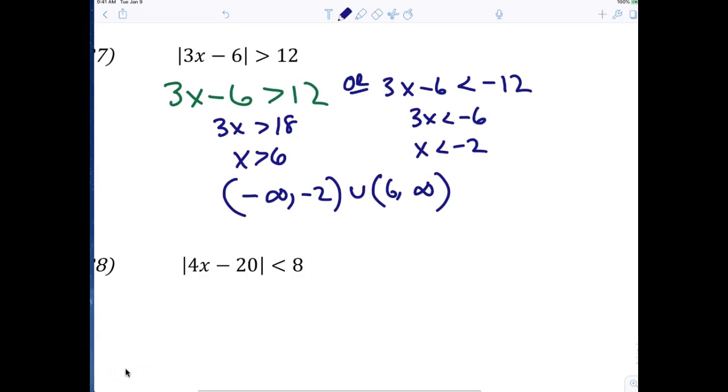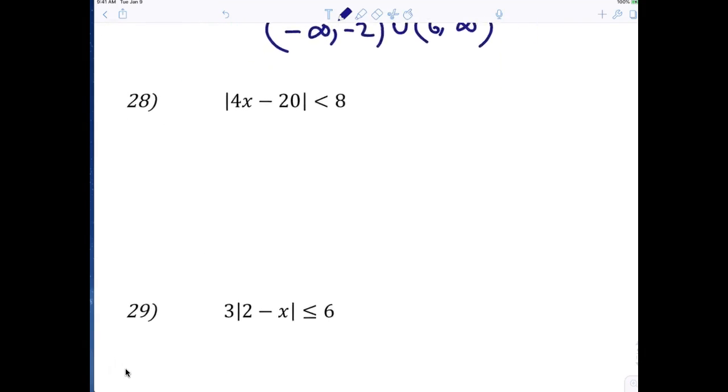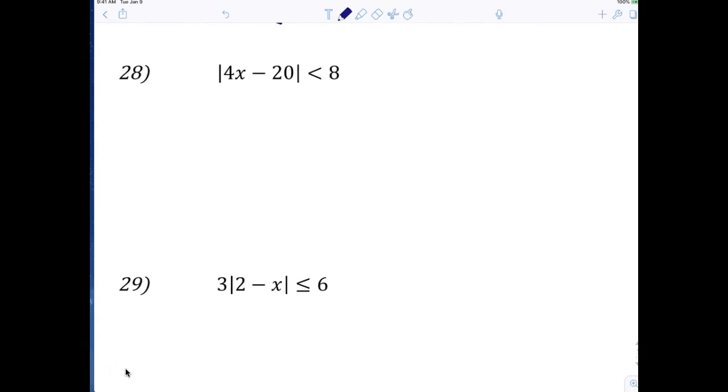So here we go with question number 28. We're going to write it as 4x minus 20 is less than 8. And then we're going to write 4x minus 20 is greater than negative 8.